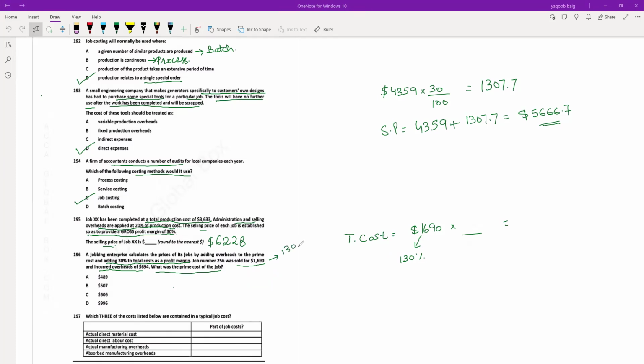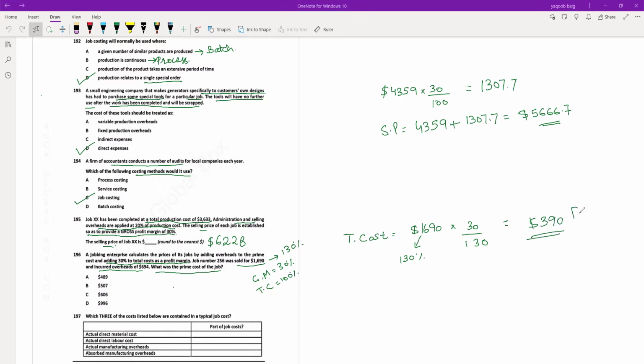Gross margin is 30% and the total cost is 100%. So 1690 multiplied by 30 divided by 130. So we have profit of 390.